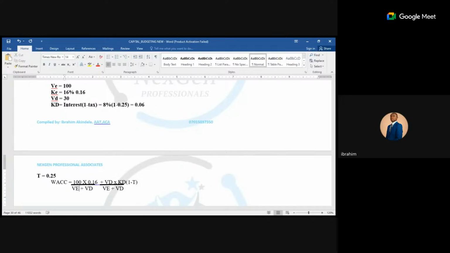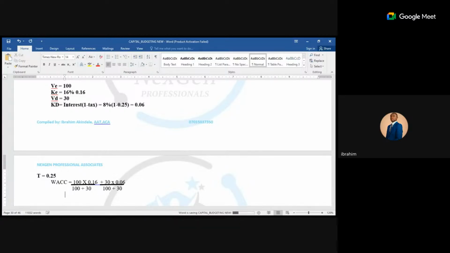Value of equity to be 100, value of debt to be 30. Here we have value of debt to be 30. Cost of debt, we've done that, 1 minus tax rate, to be 0.06. Value of debt 30, then value of equity to be 100.